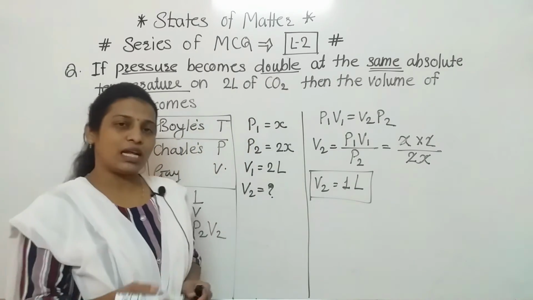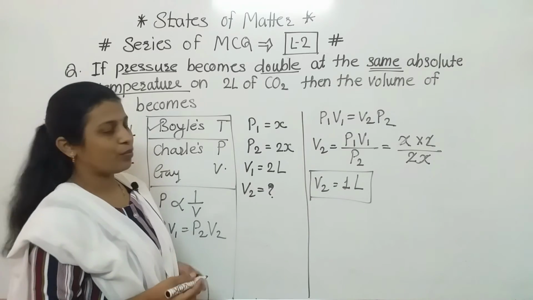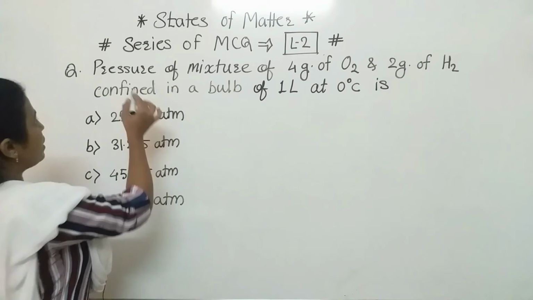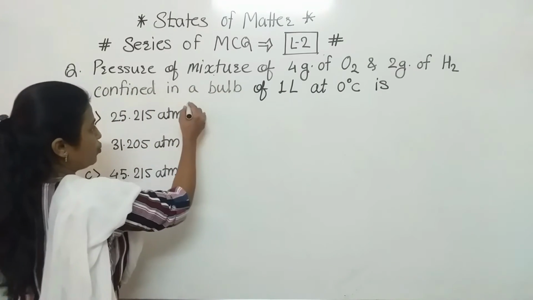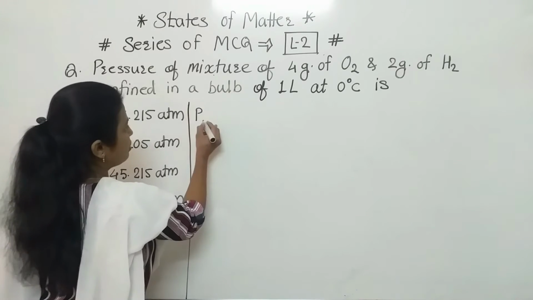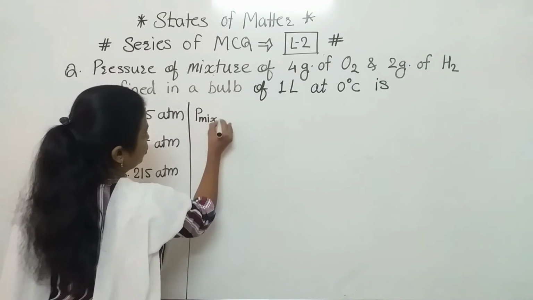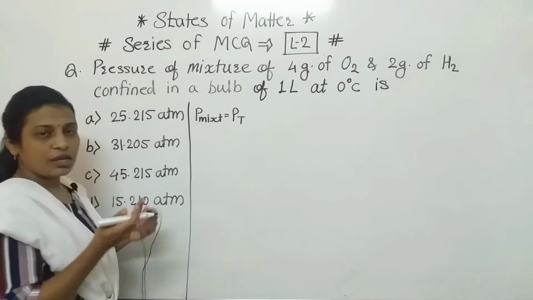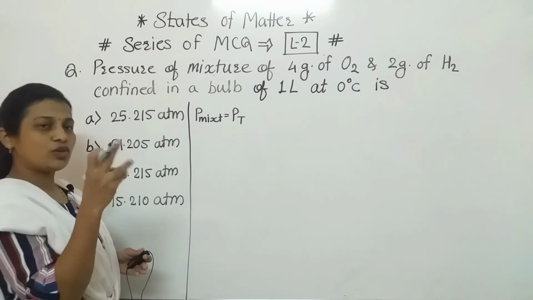We will discuss another one, that will be the last objective from this series. Now see here, this is the last one. What is that? Pressure of mixture. What we have to find out? Pressure of the mixture. So we will write here pressure of mixture. Simply we can say total pressure also, because mixture means we have to consider total pressure.